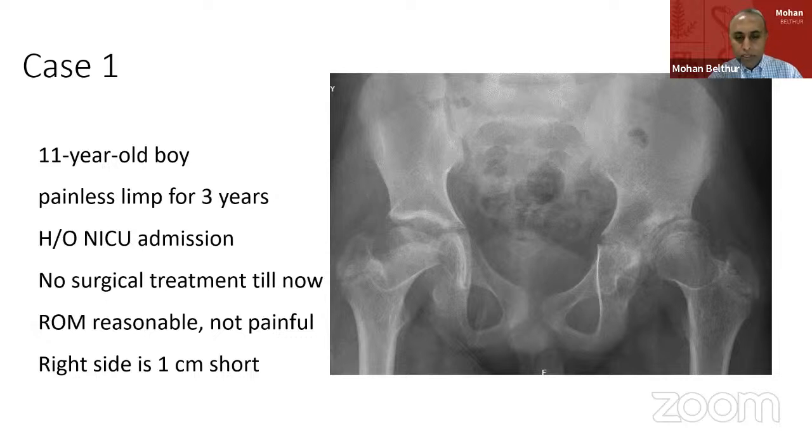Obviously, you will have two-dimensional X-rays, but even then, that doesn't completely give you the whole picture. So this tells me that in addition to coxa breva, he also has coxa magna, and there is asymmetry of the femoral head. If you don't take that into account, you might create some secondary problems down the road.